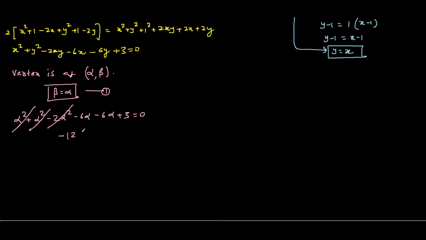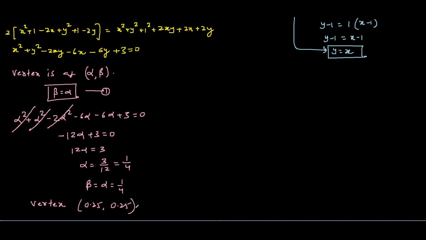This is -12alpha + 3 = 0, so 12alpha = 3, or alpha = 3/12 = 1/4. Alpha is 1/4, so beta is also 1/4. So the vertex is (0.25, 0.25).